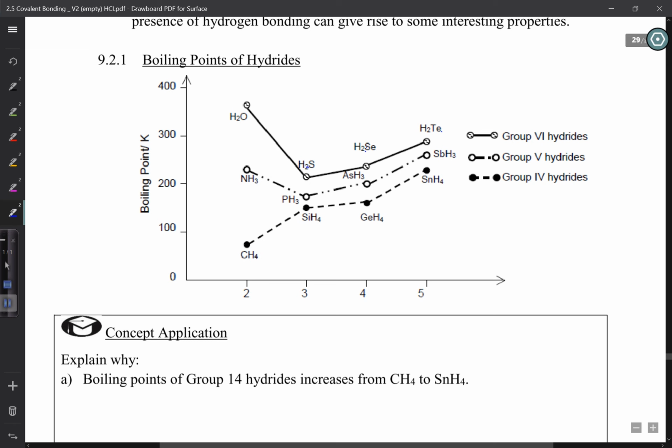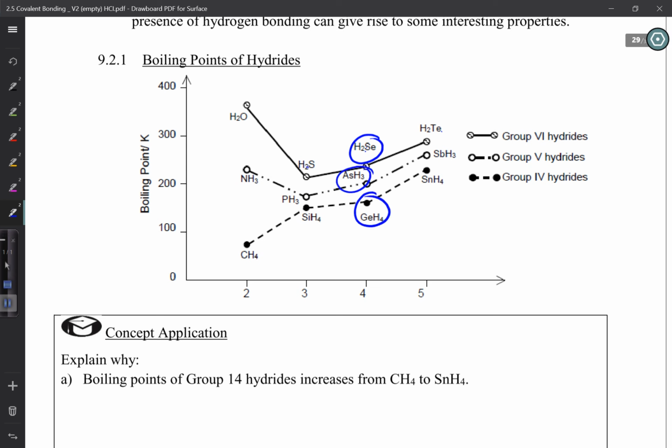Now the question that I'm going to ask you is, why does this have a higher boiling point than this and then this? Because the total number of electrons is... You sure? You want to go and calculate?